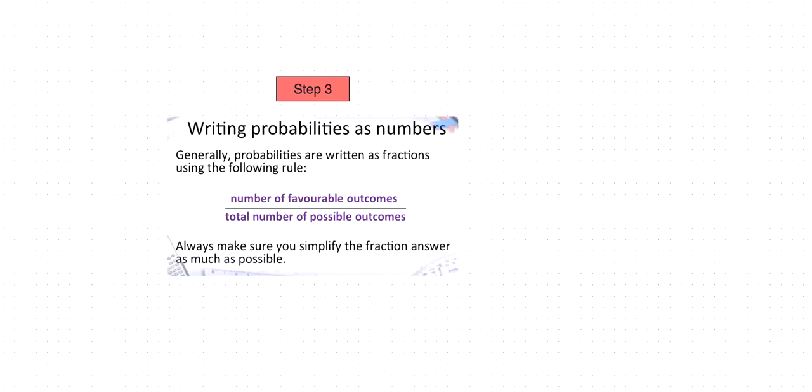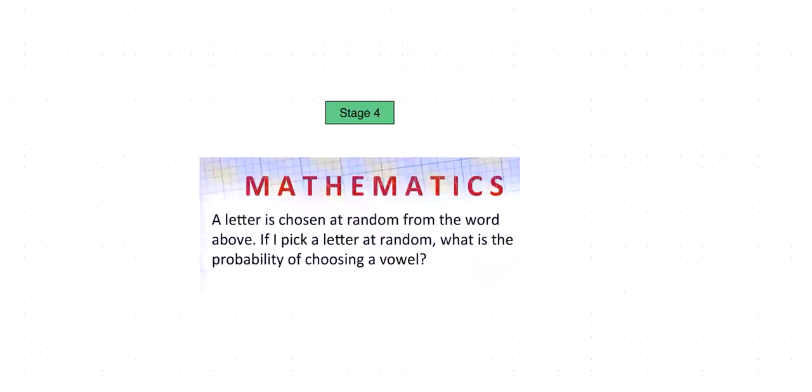Alrighty, so here's a question. A letter is chosen at random from the word mathematics. If I pick a letter at random, what is the probability of choosing a vowel? First thing we need to know, what is a vowel? Because until you know what a vowel is, it might be very difficult to do this question.